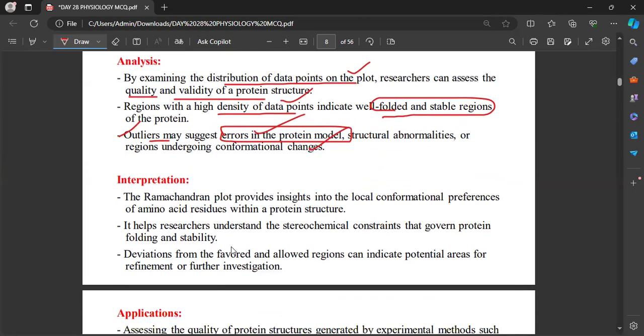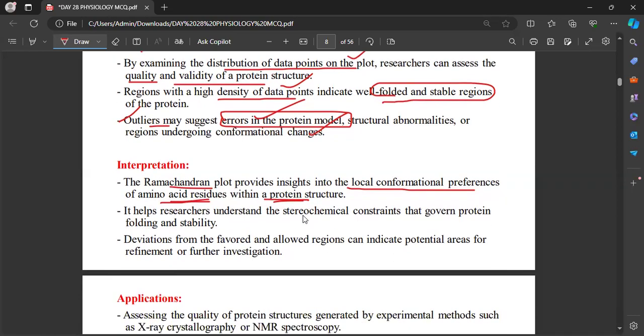Now, what interpretations can we make from this plot? It provides insights into the local conformational preferences of the amino acid residues within the protein structure. Is there any conformational change? Is there any structural change? It can be depicted in the Ramachandran plot, and it is also useful to understand the stereochemical constraints that govern protein stability. If the protein wants to be stable and fold properly, definitely there will be the involvement of bonds.